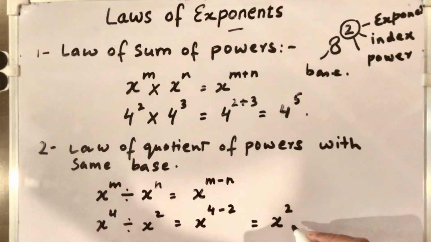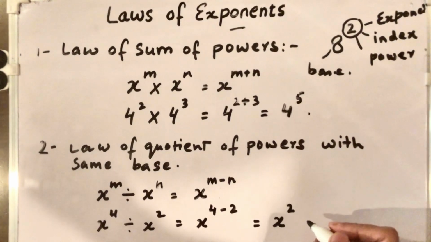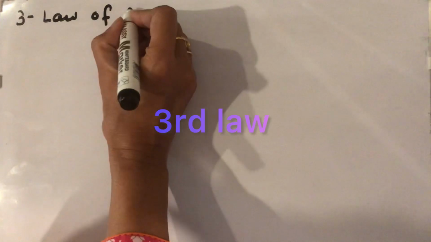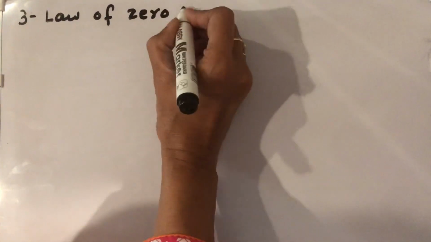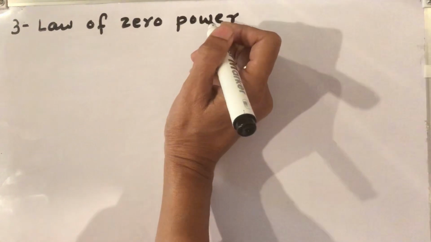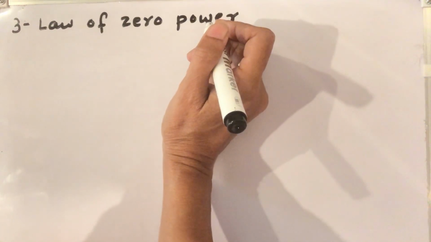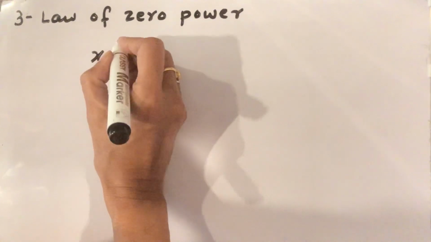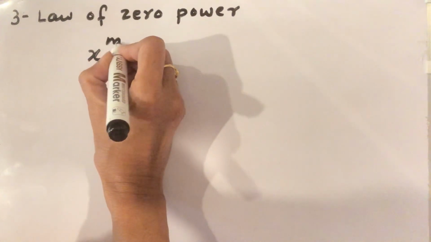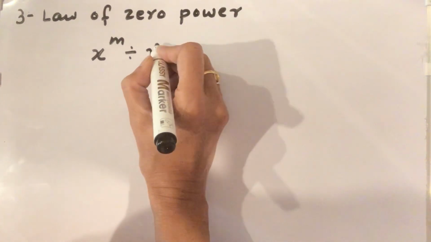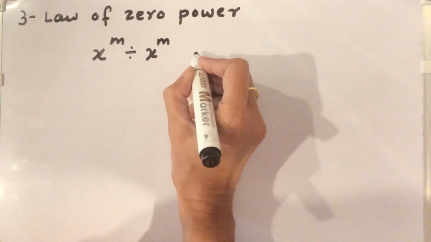So we have another law, law of zero power. Anything raised to the zero power is 1. For example, x with power m divided by again x with power m.